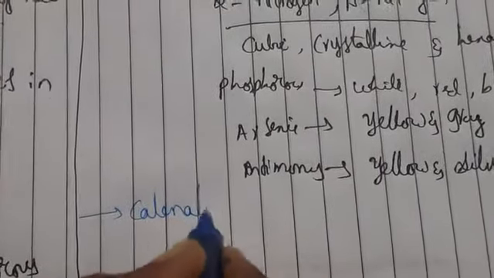Next one is catenation. Catenation is the tendency of atoms to bond with themselves and form chains and ring type structures. Nitrogen also exhibits some tendency towards catenation.